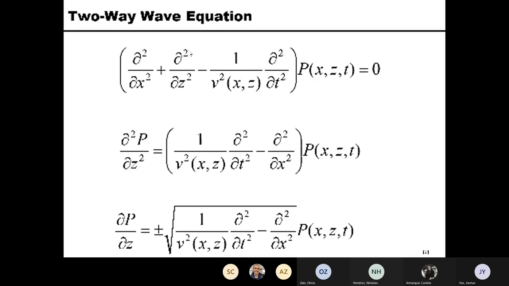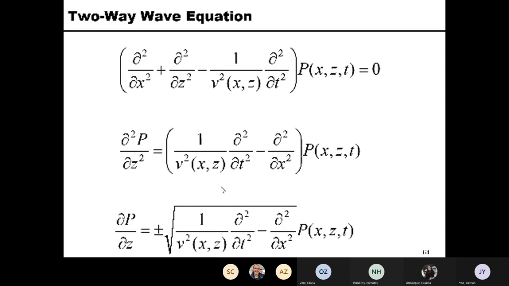If you keep this term on the left-hand side and move everything else to the right-hand side, you can see the second order derivative equals the wave field at z pre-multiplied by this operator. We just simply call this an operator, okay?